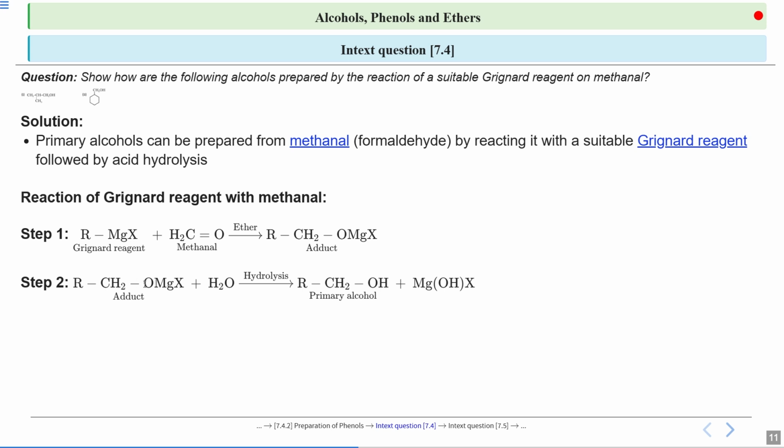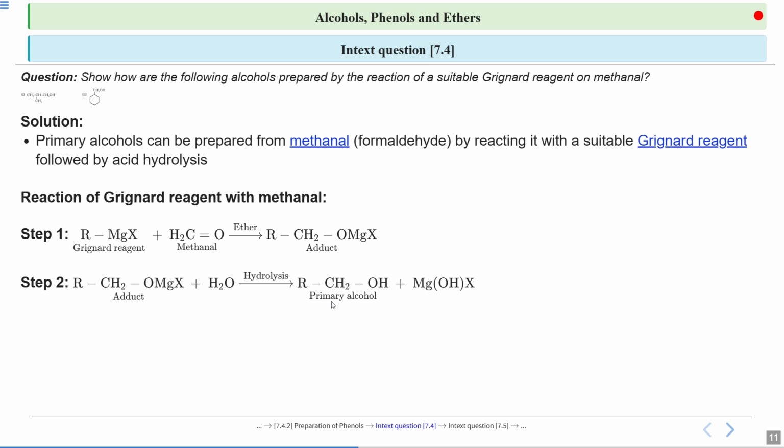Because this is an adduct, it forms O minus and MgX has a partial positive charge. So OH will attack on this MgX and H plus will attack on this O minus, because this oxygen has electron density. So H plus will attack on this, and it will form your primary alcohol, that is RCH2OH, and this group will be separated, that is MgOHX.